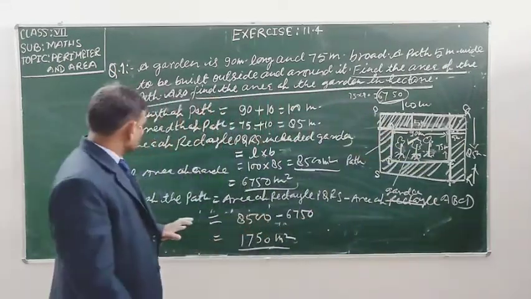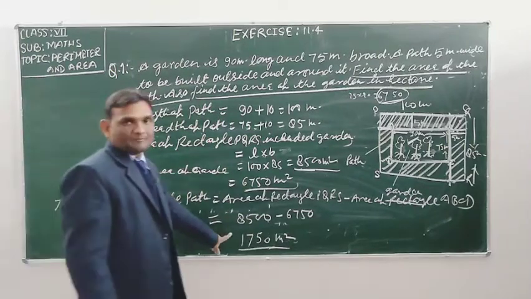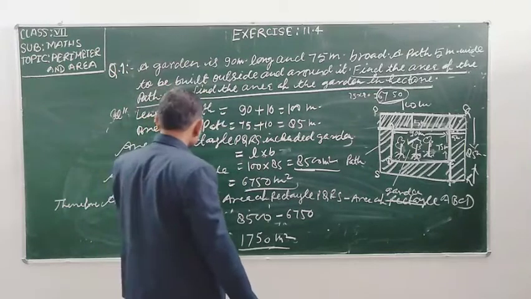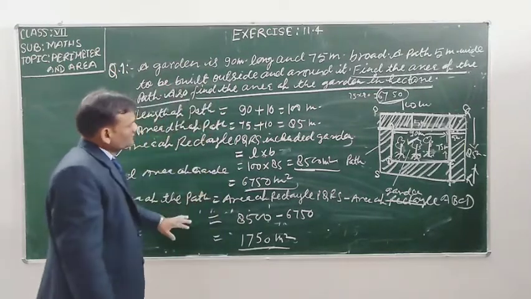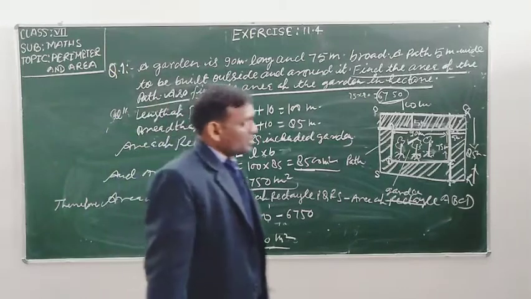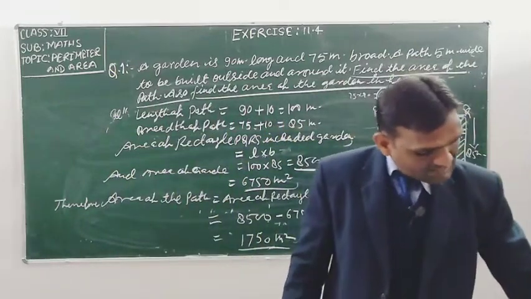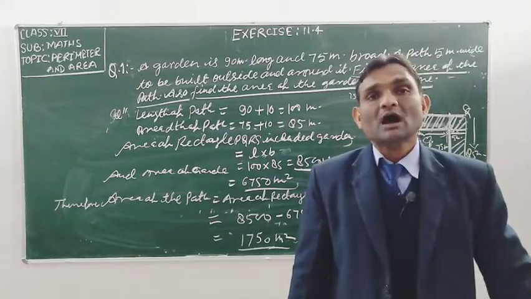In this way student, you will find your answer, area of the path. So student, I hope you have understood this question very well. So student, according to this question you will solve question number 2nd, 3rd, 4th and 5th, which are very easy.